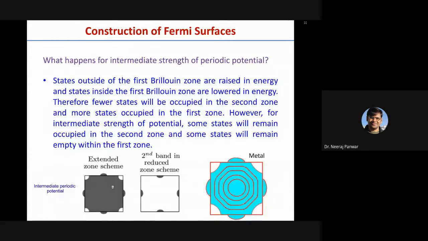Now if we do the zone folding, meaning we translate the parts of the Fermi surface which lie in the second Brillouin zone, the picture will look like this.